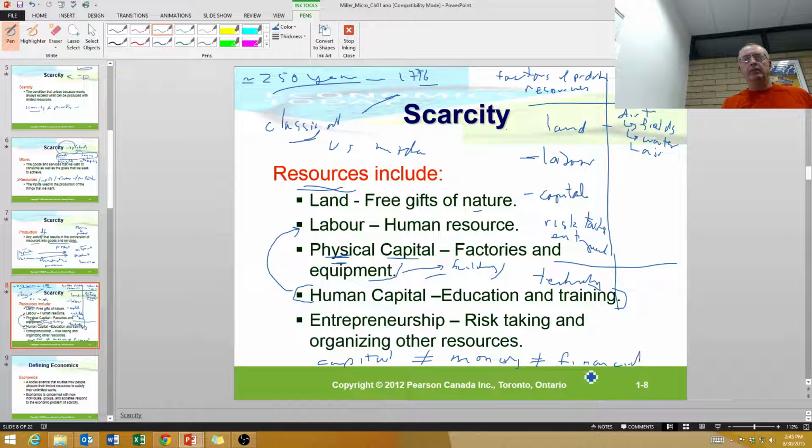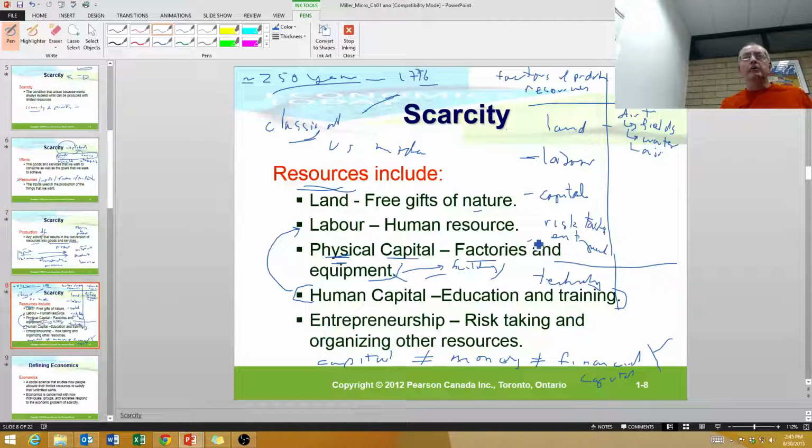Financial capital is kind of a different kettle of fish. We're not going to talk about that in this class. You can talk about financial capital in accounting class. We might talk a little bit more about it in macro than in micro, but it does not mean money. It's not your bank account. It means tangible buildings and the equipment inside them.